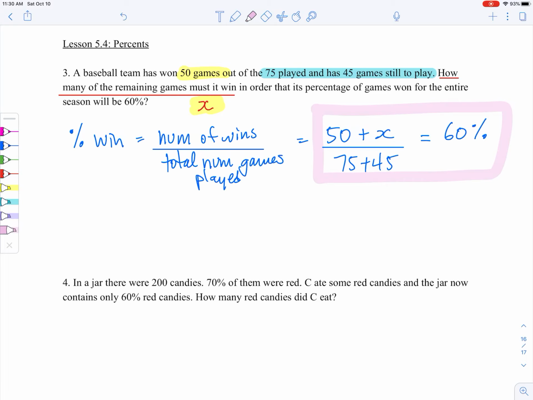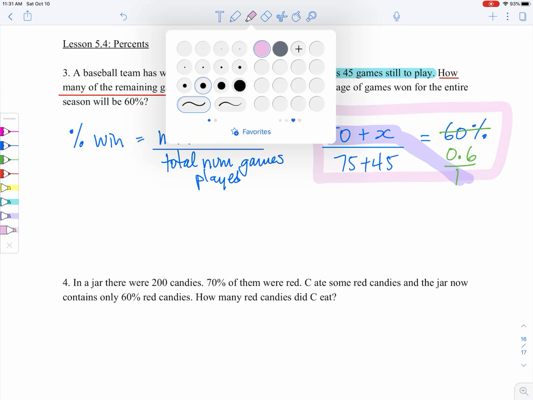Instead of 60%, I'm going to cross that out and write it as a decimal. To go from percents to decimals, you divide by 100, so that's going to equal 0.6. And if we cross multiply this, I could even write it as 0.6 over 1.